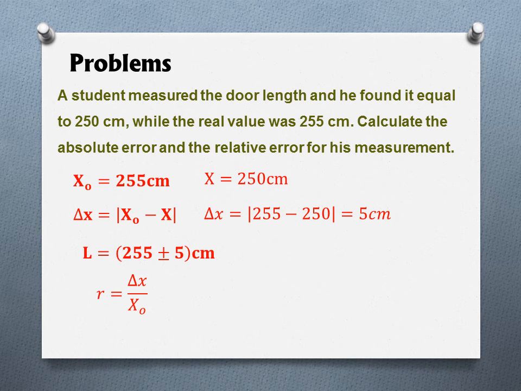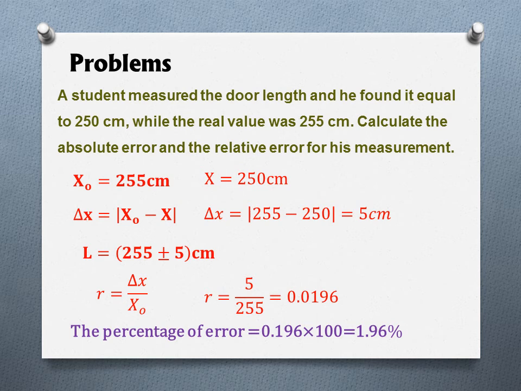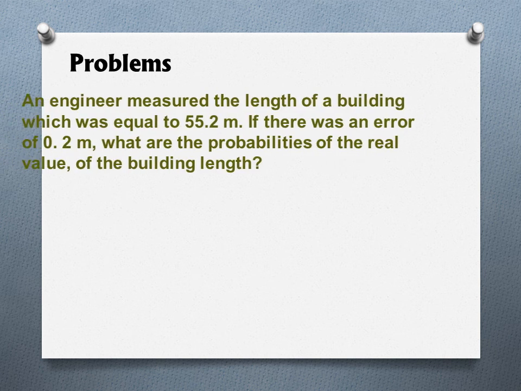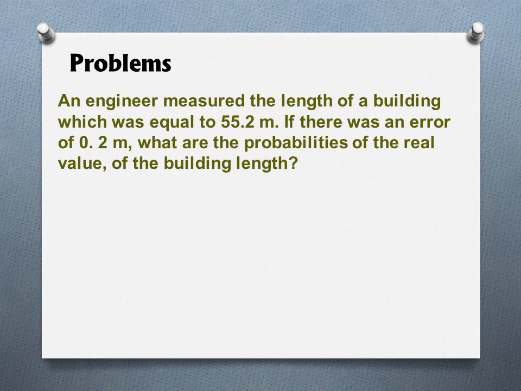To find the relative error, you divide delta x, the absolute error, over the real value, so 5 over 255 equals 0.0196. To find the percentage of error, you multiply the relative error times 100, which equals 1.96%.